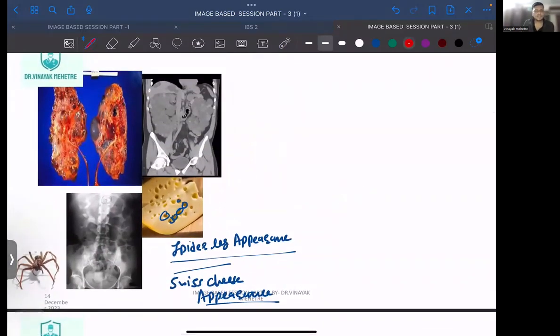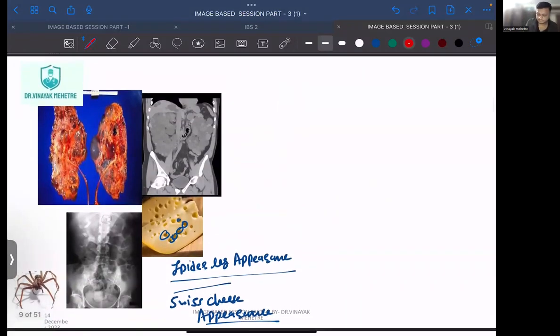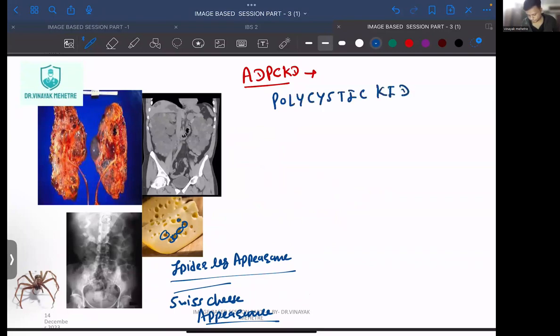Now we have discussed this as well. Tell me, in adult polycystic kidney disease, which genes are associated? Just count the alphabets. How many are there? This is going to be 16.